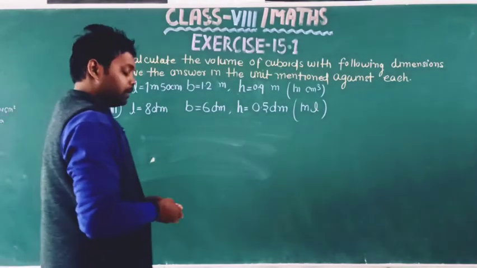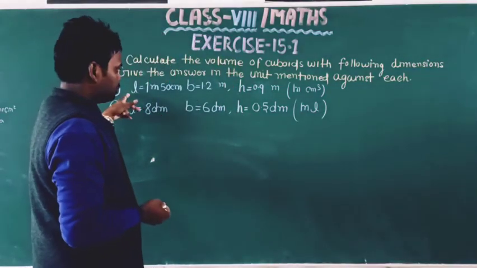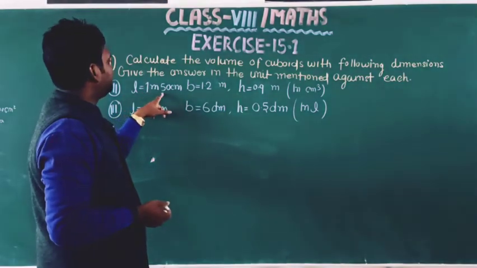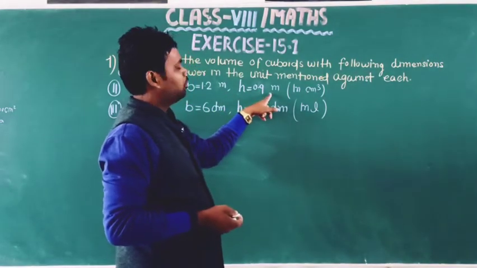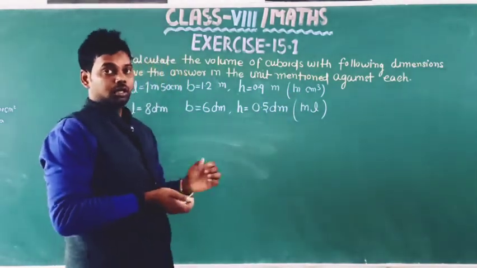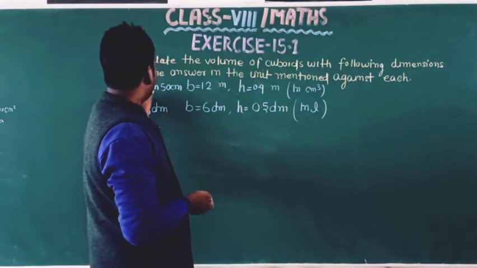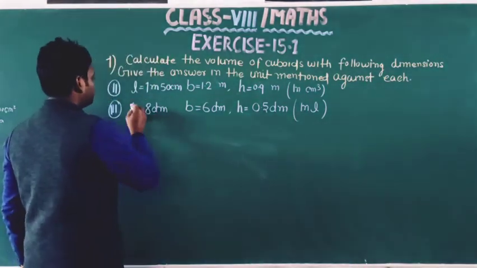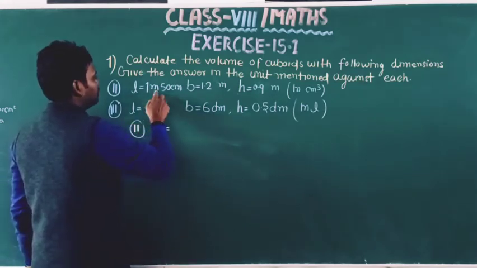Okay children, further move to the second part of question number first. Length is given 1 meter 50 centimeter, breadth is 1.2 meter and height is 0.9 meter. Okay, and find volume in centimeter cube. So this means first we need to change given dimension in centimeter. Okay, after that find its volume. Second part, so length is given 1 meter.